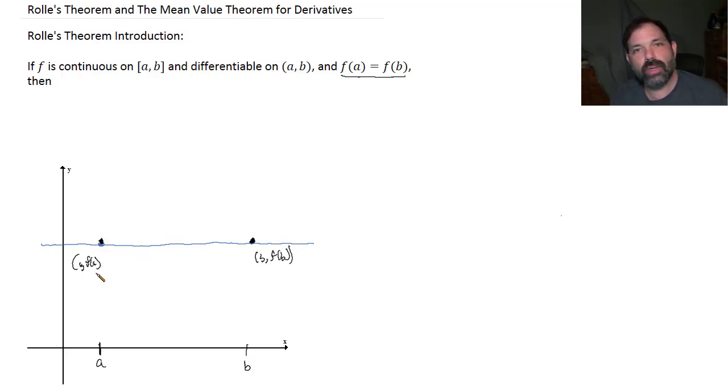Now if we were to draw a curve between those 2 points, it's got to be continuous, it's got to be differentiable. What must be true about that curve between those 2 points? Think about it. Maybe draw a curve or two.